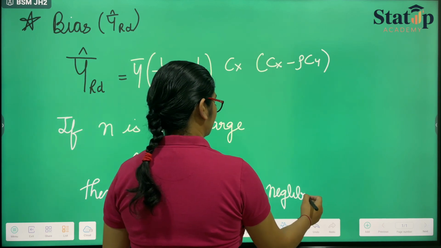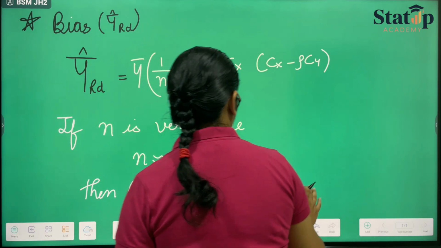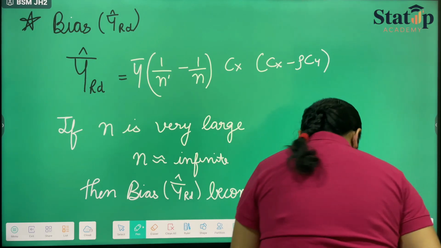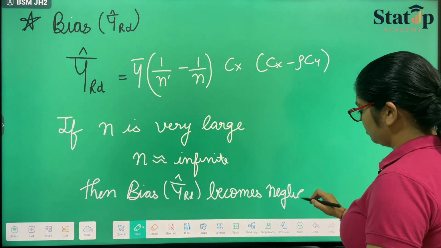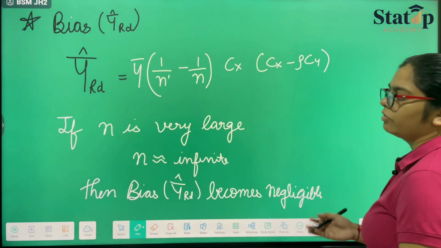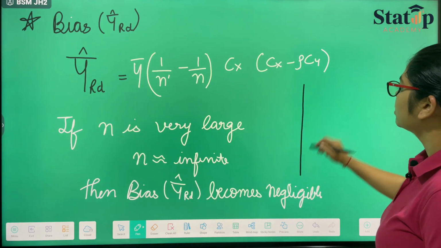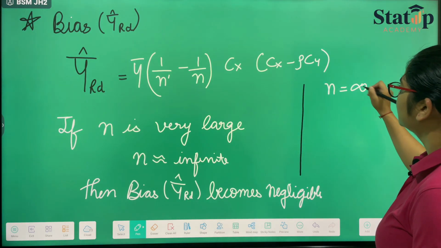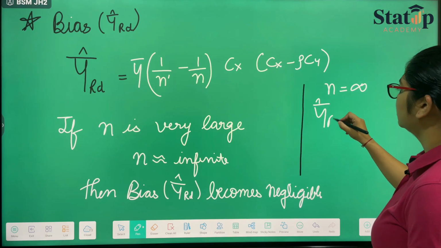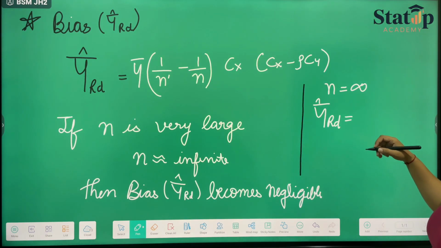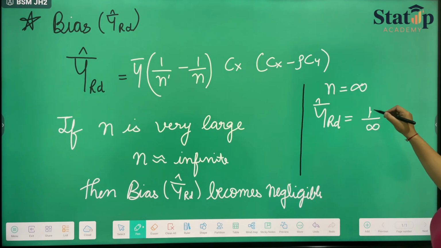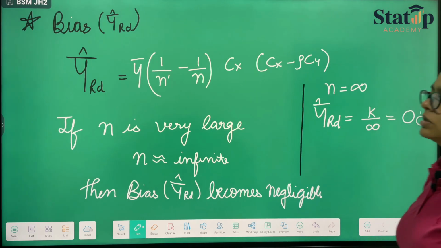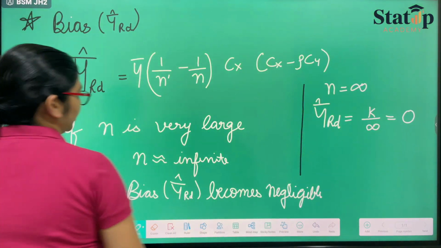We can show it like this: if n is equal to infinity, then the bias of y cap rd, the ratio estimator in double sampling, becomes 1 upon infinity, k upon infinity, where k is the rest of the terms, which is nothing but 0. And hence this is the case of an unbiased estimator.